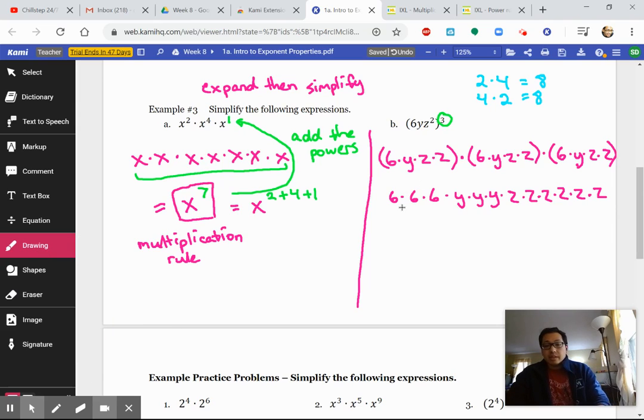Okay, let's see. How could we rewrite this? This is 6 to the power of what? It's 6 to the power of 3, right? There's 3 of them. How about y's? How many y's are there? We've got y to the power of 3.